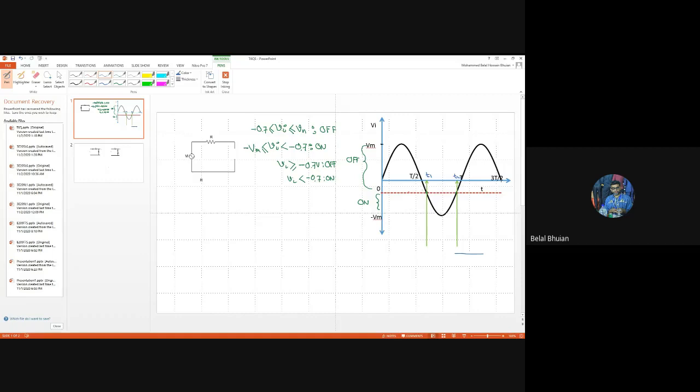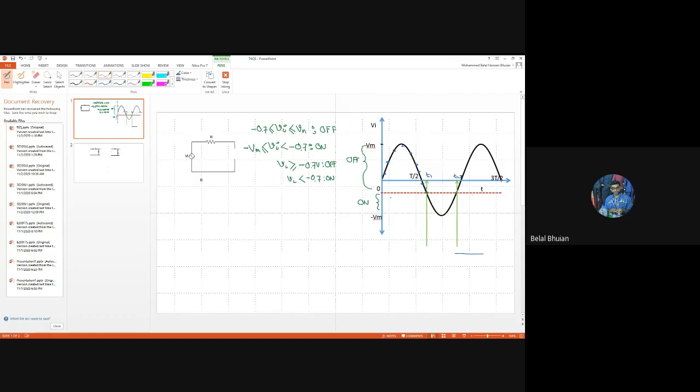Which means these are the values of the signal which are above that dotted line, or above the transition state line.